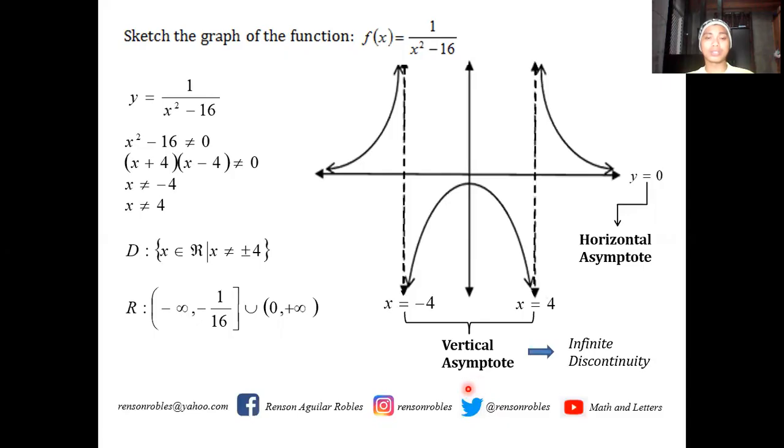So you start at -infinity, going to this point, and this is your negative 1 over 16. How do we get that negative 1 over 16? Obviously, when x is 0, you have 1 over negative 16. So 0, negative 1 over 16.